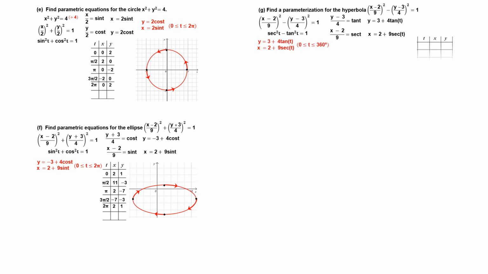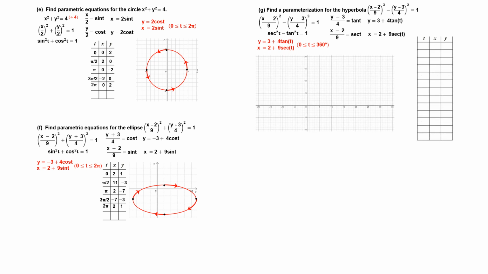To obtain the parametric equations, you solve the first equation for y and the second for x. To graph the hyperbola once, we need the values of t to be between 0 and 360 degrees. We create a table of t values and calculate x and y to graph the curve these parametric equations define.